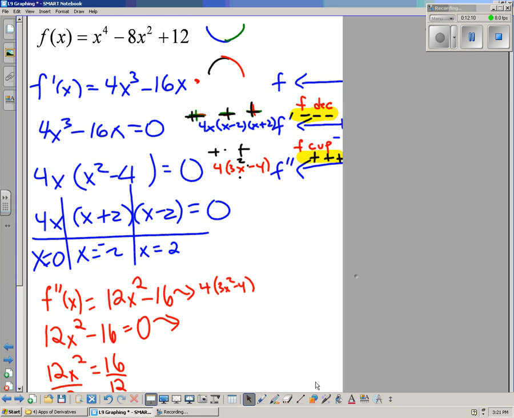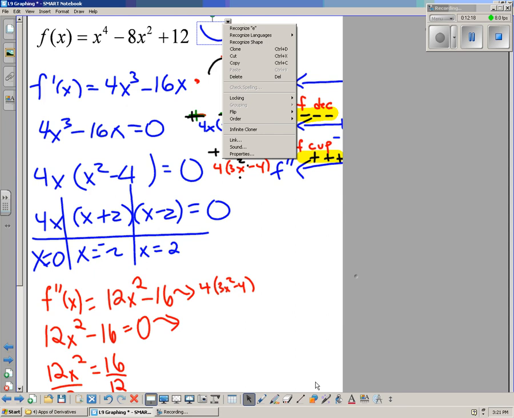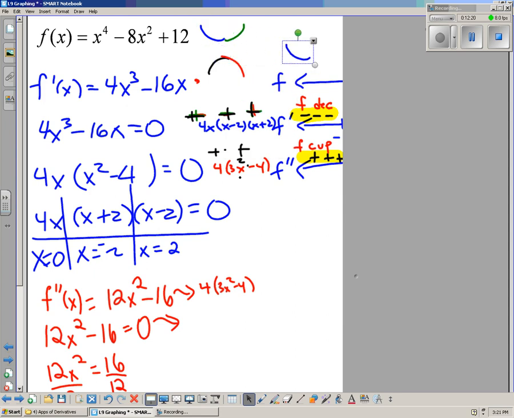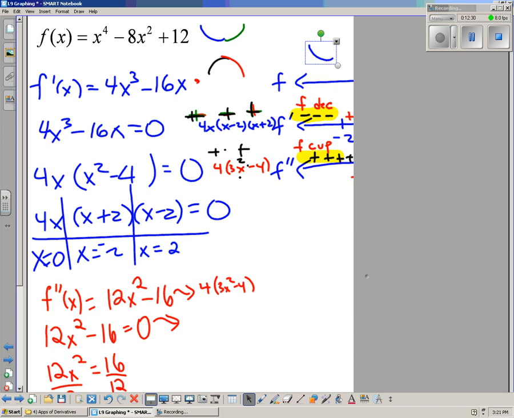So decreasing, we're going to be going down, but concave up, we have to be part of a smiley. Looks like this curve that I'm toggling around. So, I'm going to clone this. Along this interval, that's what the function's doing. It's decreasing, but concave up. And at negative 2, it's going to make a change.